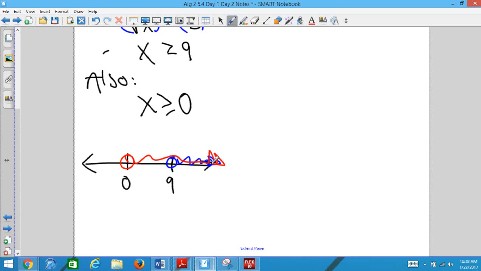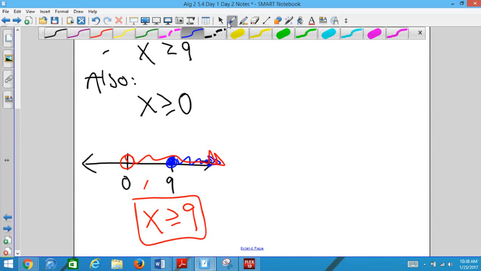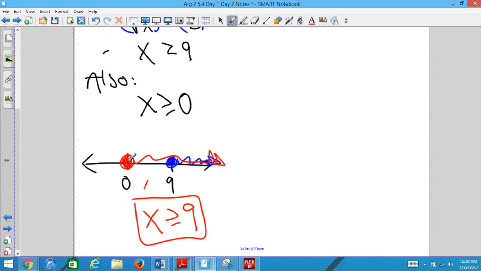Only greater than or equal to 9. I was supposed to color in my dots and I didn't do it. I'm doing it right now. But that's the only place where they overlap. So you really need to look at that number line to see where they overlap.